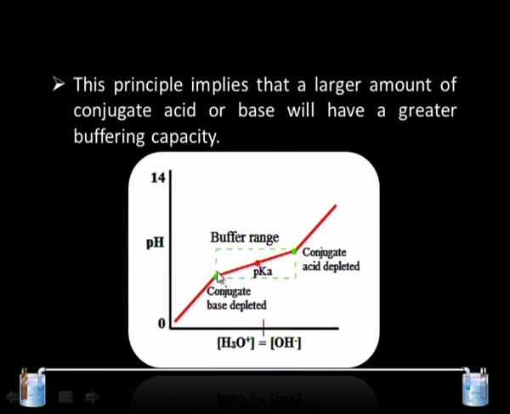In the first case, conjugate base is depleted. In the last case, conjugate acid is depleted, and in such a case the buffer range is shown by this green square. Rather, we can call it a rectangle, and the middle of this change represents the pKa of the solution.